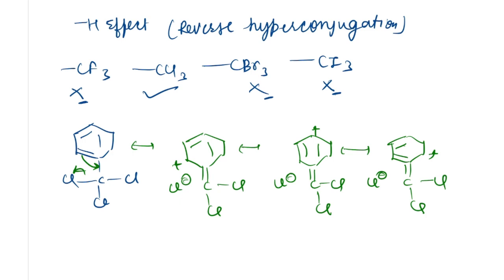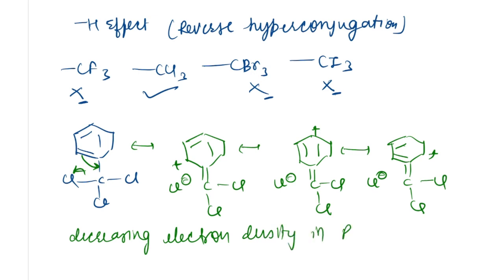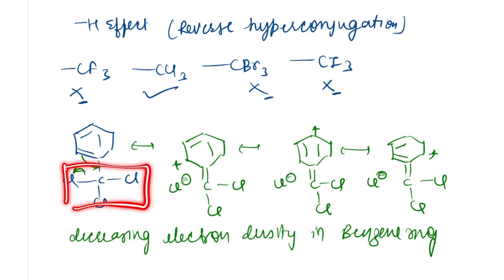This is also known as reverse hyperconjugation. So it is actually a withdrawing effect, decreasing electron density in the benzene ring. So it is negative H. It is actually pulling the electron towards it. So it is minus H. That's how we have defined it.